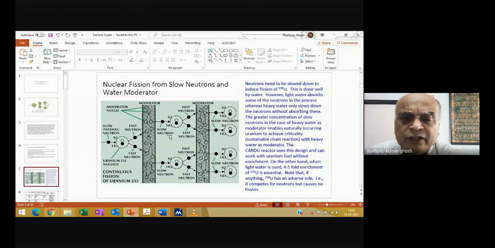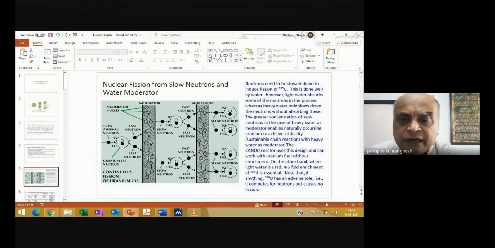Now, I mentioned to you that if you are using water basically, even though of course it slows it down, as I told you, some amount of the neutrons also get absorbed by the water. It forms deuterium. Okay, and so you will not be able to sustain a chain reaction if you just use normal H2O.